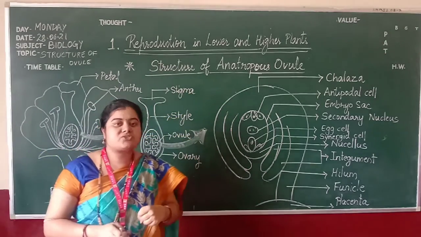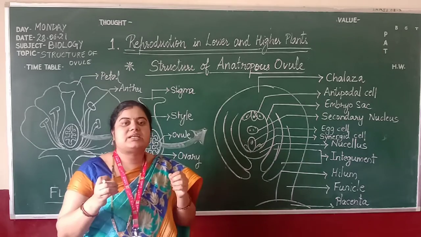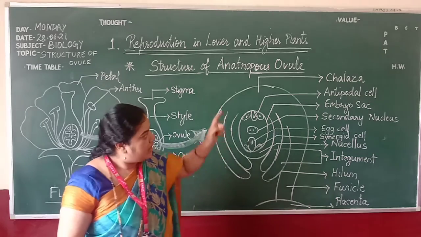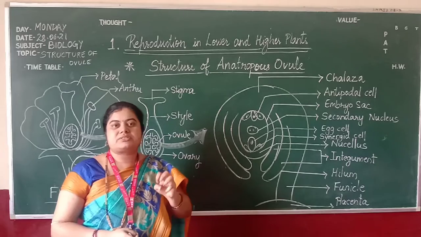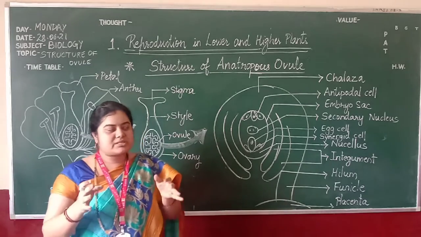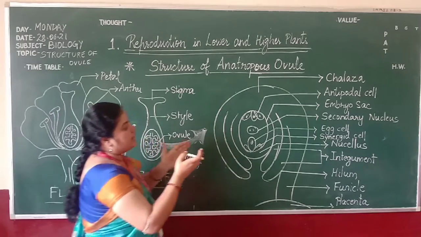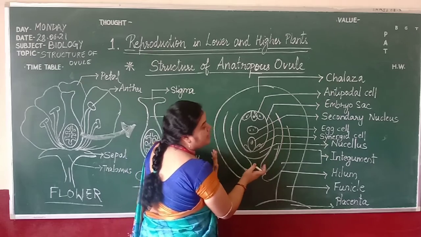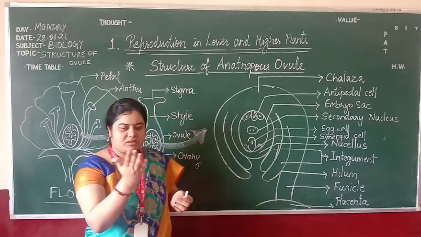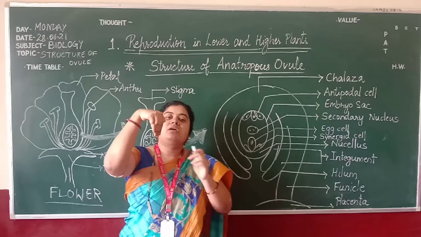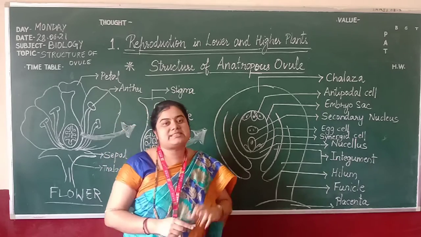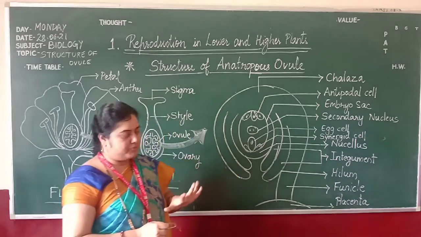And why only anatropous? Because in the majority of flowers, anatropous ovules are found. Anatropous type means the structure of the ovule is like this, as you can see. This shape is called the anatropous type of ovule.